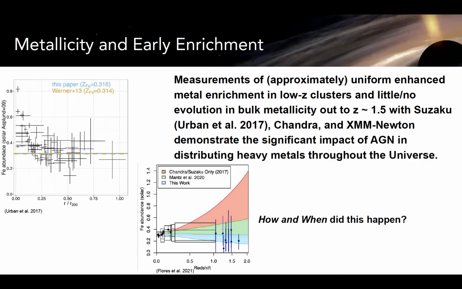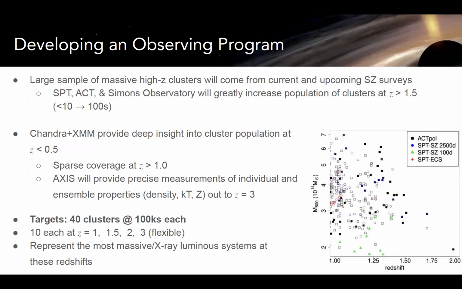In addition, you may ask, well, what clusters are we actually going to observe to answer these questions? And this highlights the synergies of an observatory like AXIS with current and upcoming SZ, Sunyaev-Zeldovich, surveys, which are currently our best way of detecting massive high-z clusters.